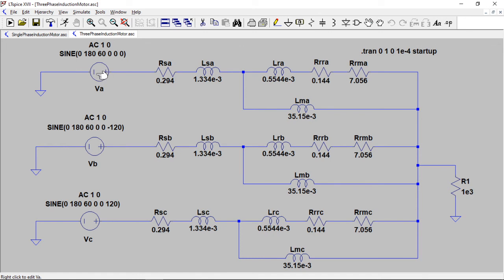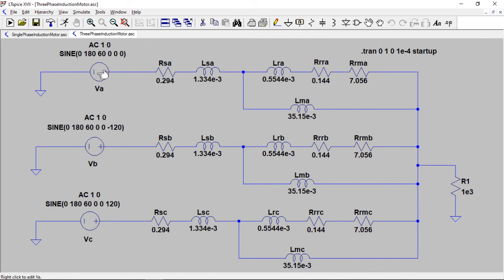The example we're doing is a 10 horsepower, 220 volt line-to-line, 3-phase induction motor. If you take the 220 volts, which is line-to-line, and divide it by the square root of 3, you'll get 127.